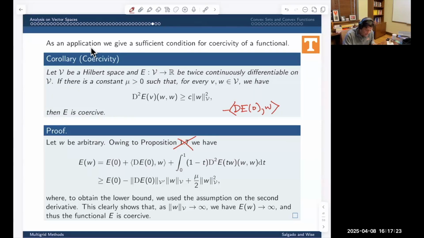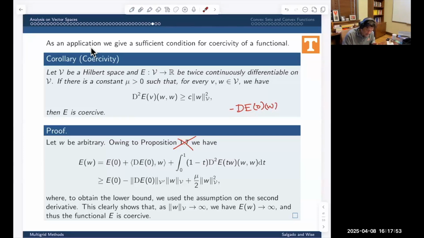It just means that this linear functional is acting on that particular vector, or point in the Hilbert space. So we really want to rewrite this as minus dE0 W. It's just acting on W. Remember this is a linear functional, and linear functionals take points to the real line.